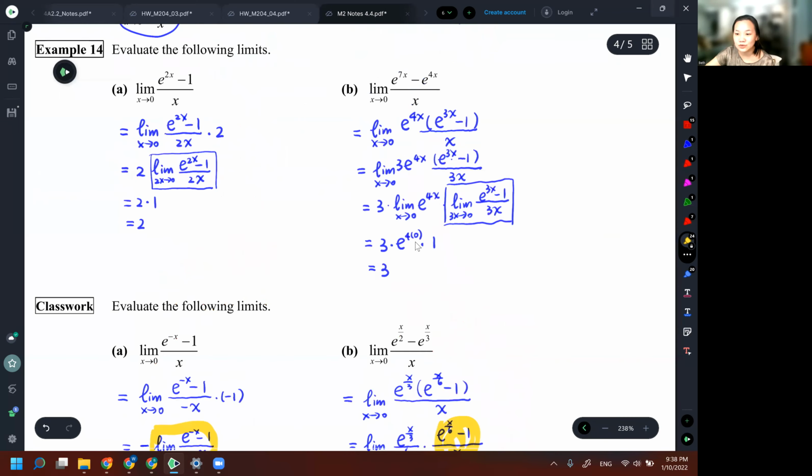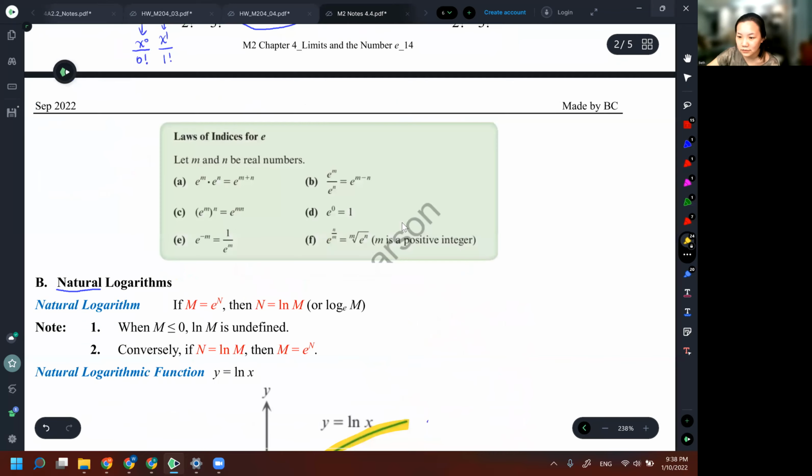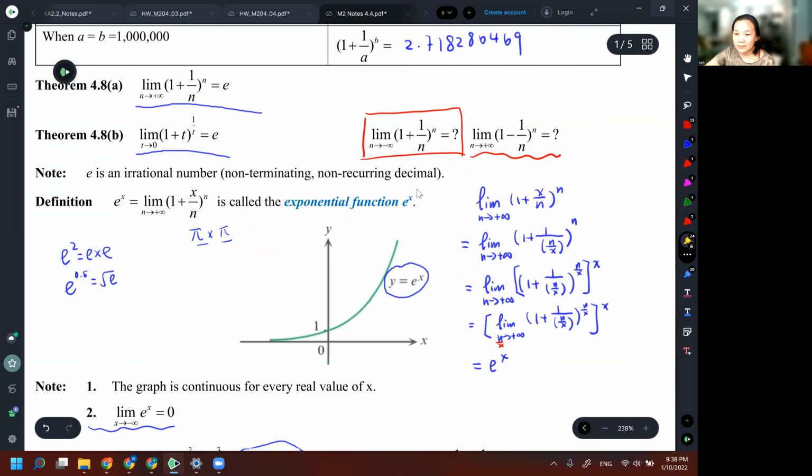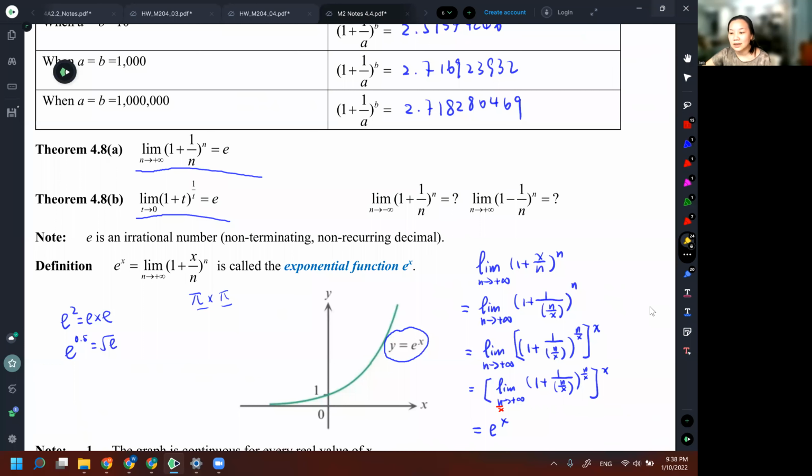So let's go back to page 14. On page 14, when I put this down, I say, oh, can you use the negative infinity or whatever?